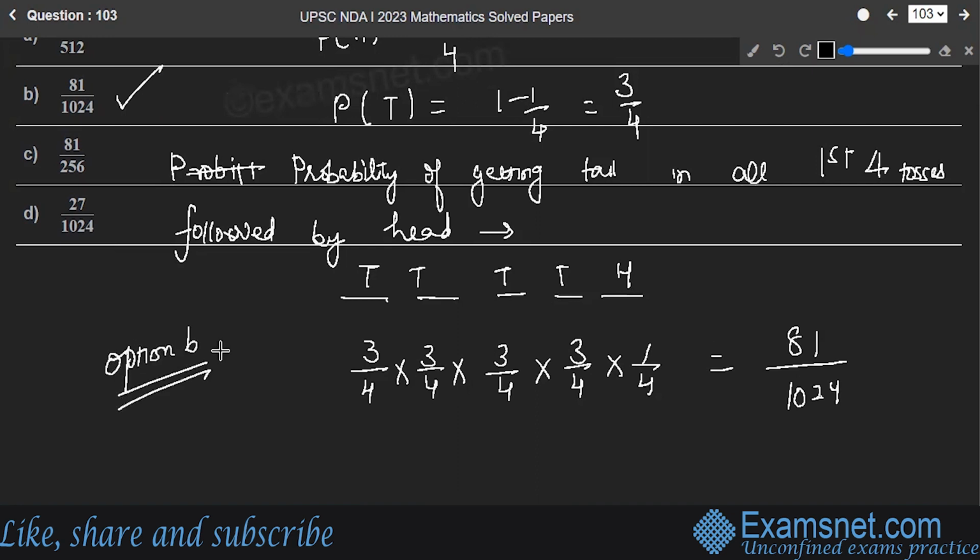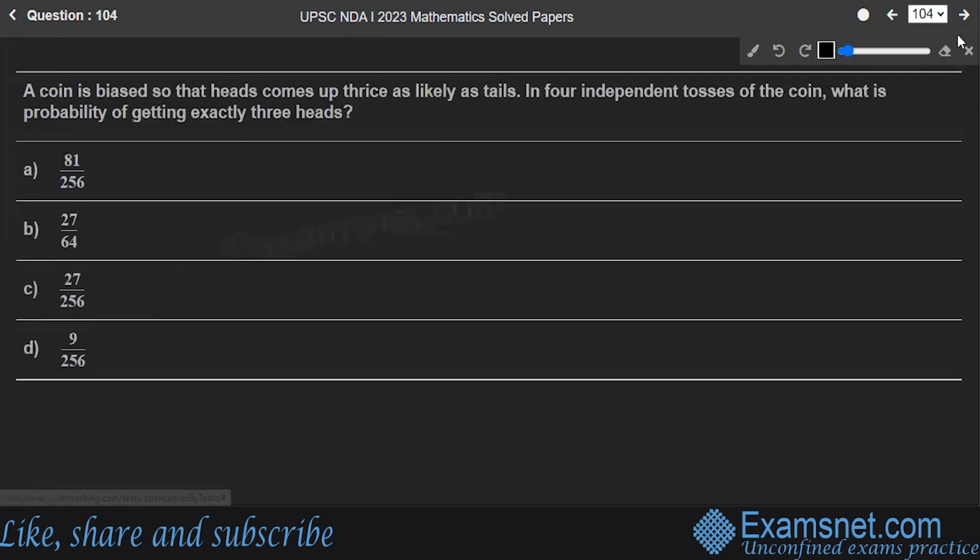Hope you got that. Let's move to the next question, number 104. A coin is biased so that the head comes up thrice as likely as tails in 4 independent tosses of the coin. What is the probability of getting exactly 3 heads? So here it's given that the probability of getting a head is 3 times the probability of getting a tail.